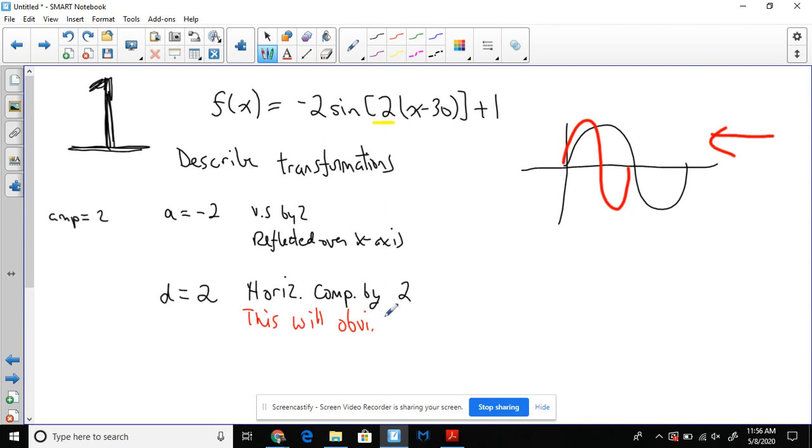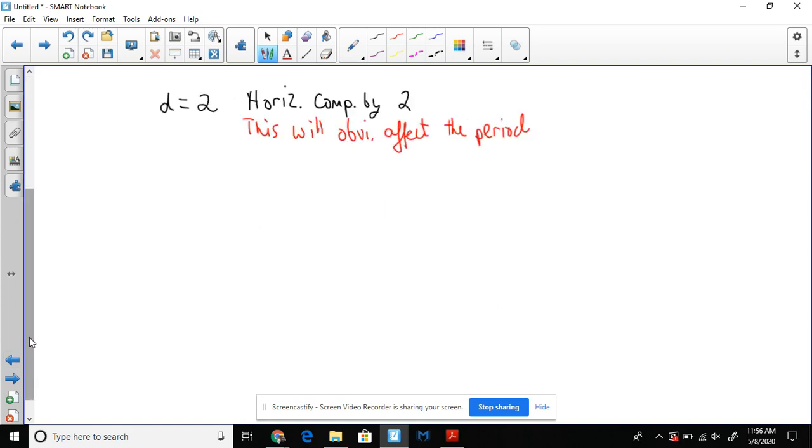Okay, so if you haven't realized this already, this will obviously affect the period. Because if you think about it, if I have y equals sine of x, what's the period of sine with no transformations? It's 360.